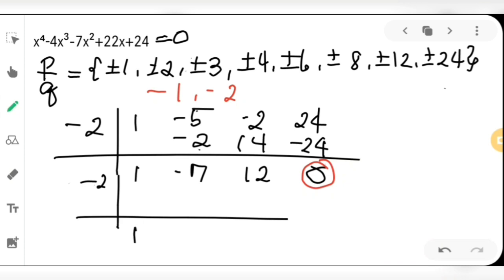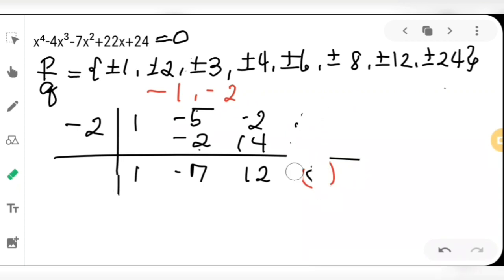So bring down 1. 1 times negative 2 is negative 2. Negative 7 plus negative 2 is negative 9. Negative 9 times negative 2 is 18. So our remainder here is 30. So that means negative 2 has only a multiplicity of 1.